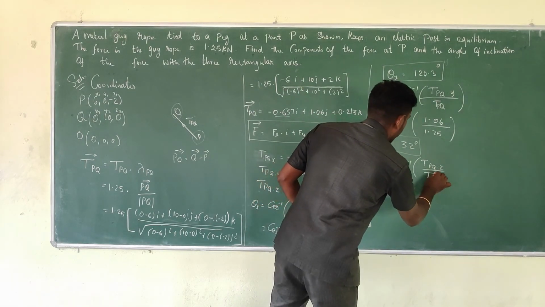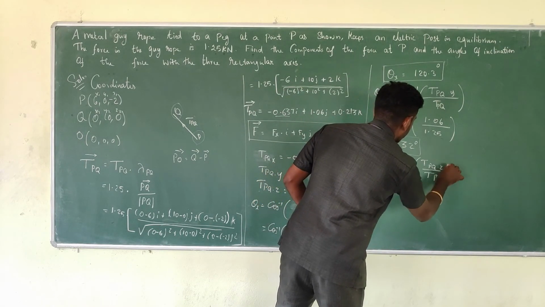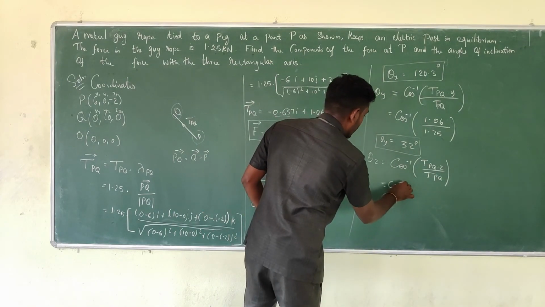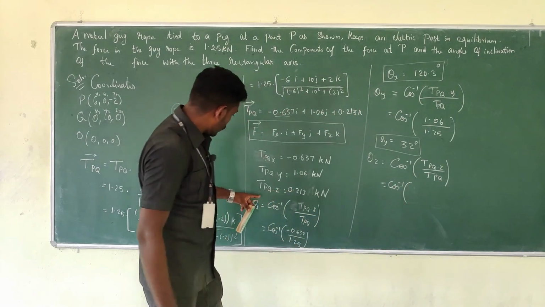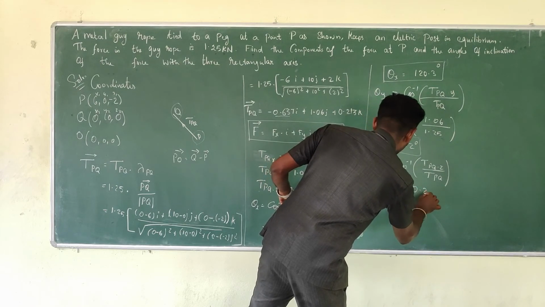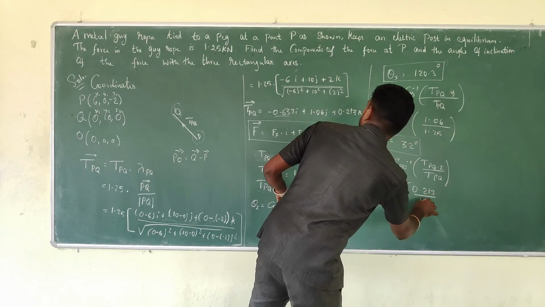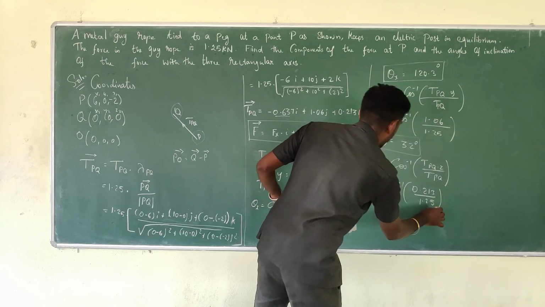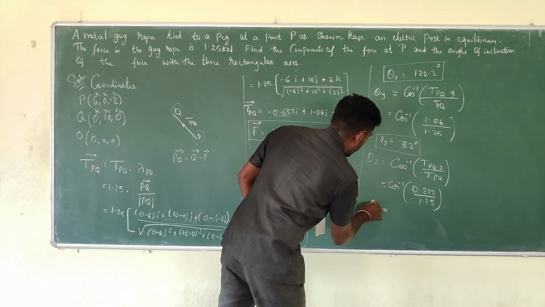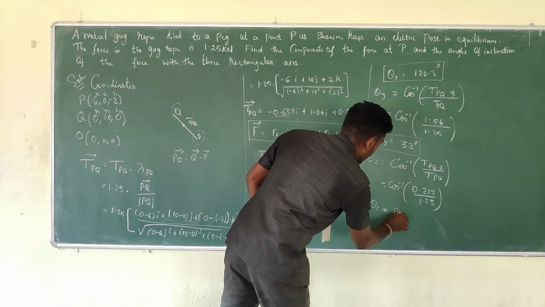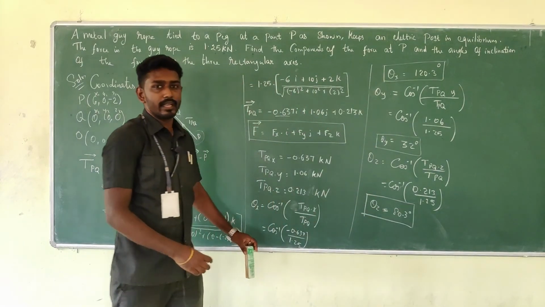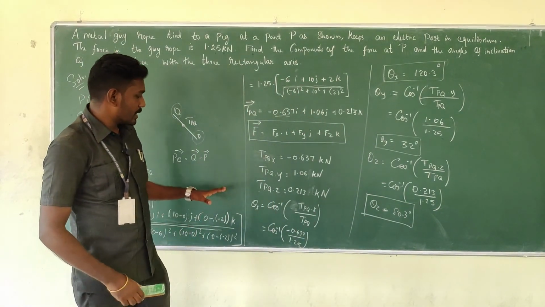So you get cos inverse of TPQ z, which has been calculated as 0.213, divided by 1.25. Directly substitute the values and you will get roughly 80.3 degree. So almost we have calculated everything.